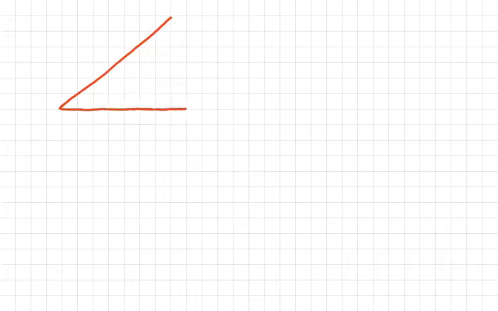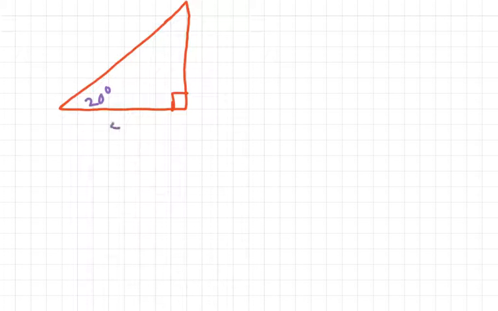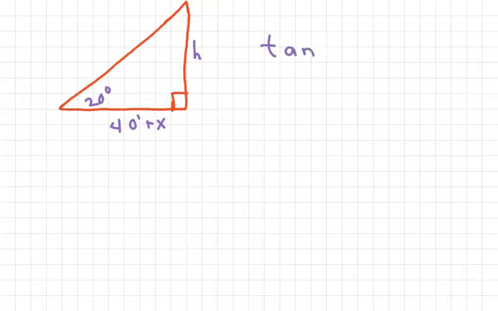So for Carlos's triangle, his angle is 20 degrees. The length here is 40 plus x. It's 40 feet, and we need the height. So I'm going to use my tan function.